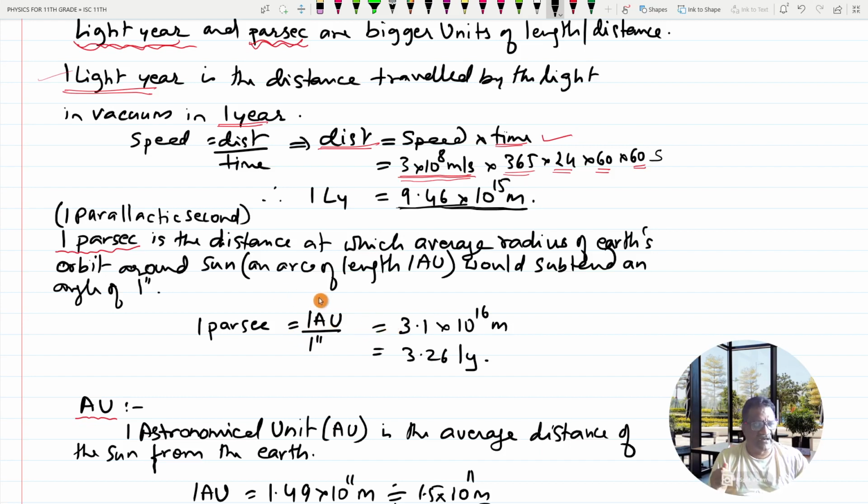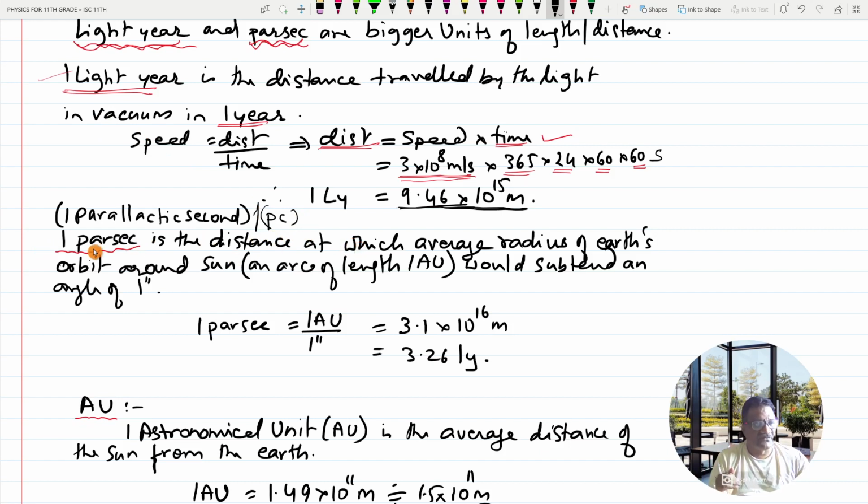For now you just remember that the full form of parsec is parallactic second, and it is denoted by pc. This is the symbol. Remember we are still dealing with the units of distance. For measuring large distances we use these units. Light year is used for measuring large distances. This parsec is also used for measuring very large distances.